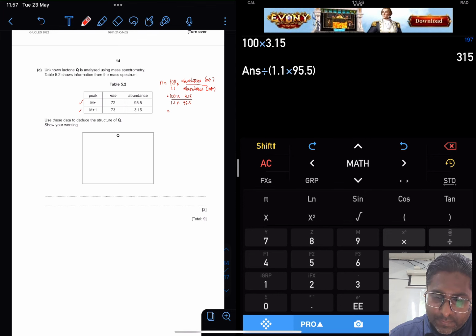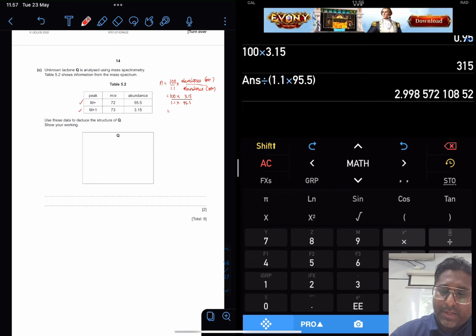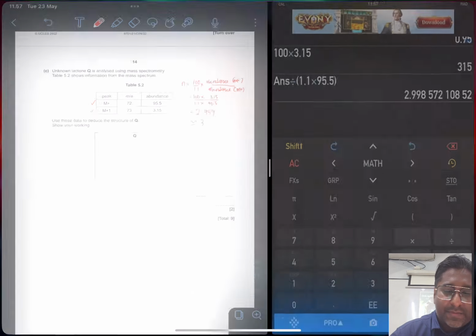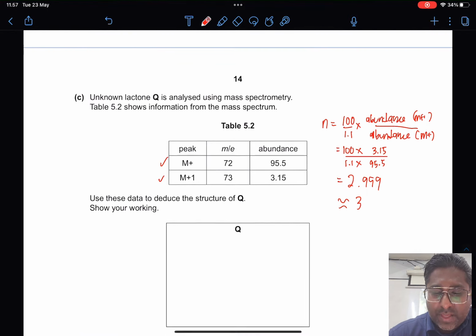Close the bracket. You'll get 2.999, which is 3. So it means the number of carbon is going to be 3.